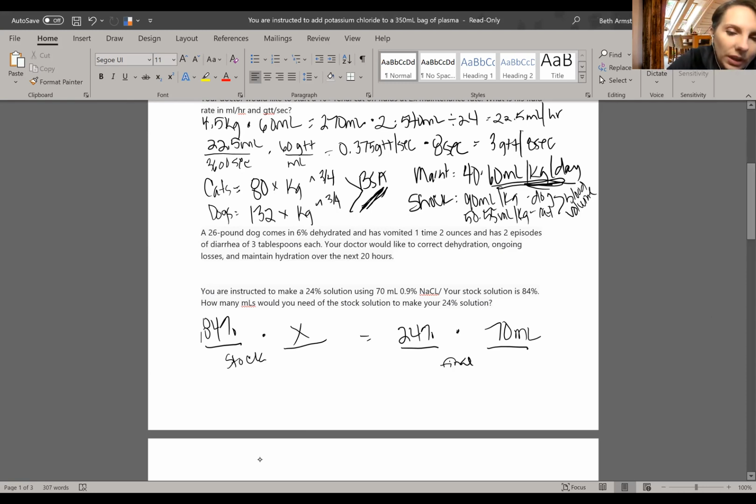So we have 84x, and then we multiply our 24 times 70, and we get 1680, and then we divide both sides by 84.